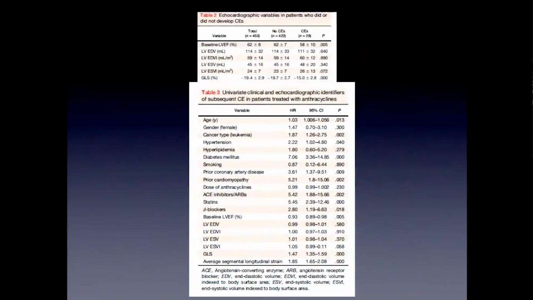Usually, just for reference, what is normal is a value of minus 19 or more negative than that. Take a look over here in this study: patients that do not have symptomatic heart failure or death have a global longitudinal strain of minus 19.7, and the ones that get in trouble have a global longitudinal strain of minus 15 or so.